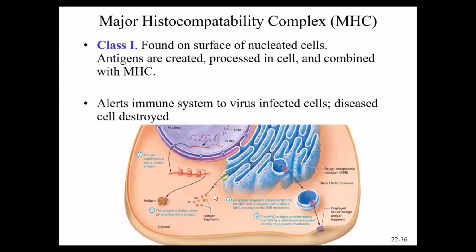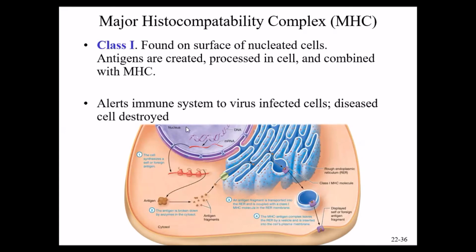It processes it, sends it through the rough endoplasmic reticulum, packages it into a vesicle, and then displays it on the membrane. What this is trying to do is to alert other cells that there is a virus-infected cell in the area, and that the diseased cell needs to be destroyed.